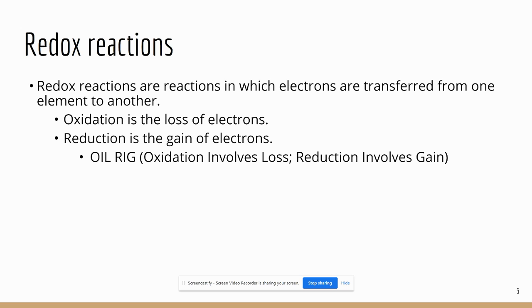These are any reactions in which electrons are transferred from one substance, either an atom, molecule or ion, to another. Whatever loses the electrons is oxidized, and whatever gains the electrons is reduced. To help you remember: OIL RIG, oxidation involves loss, reduction involves gain.